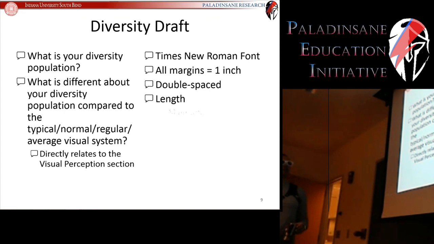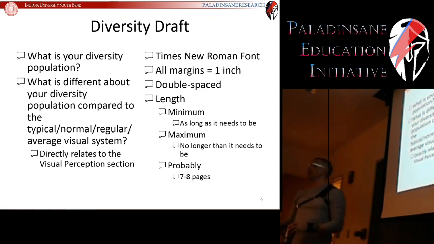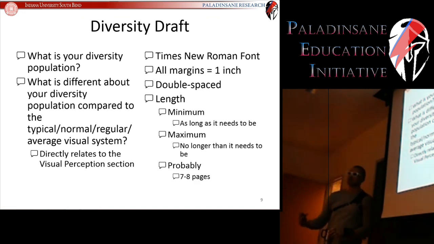So once again, the length of this: minimum, as long as it needs to be; maximum, no longer than it needs to be. Once again, probably around 7 to 8 pages. So when you introduce the population, when you explain the characteristics, when you explain what underlies those characteristics, is it a cultural development? Is it a physiological thing? Is it brain activity?